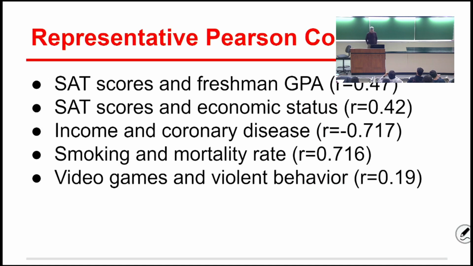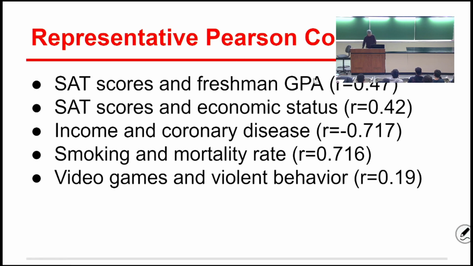Now, how do you interpret correlations? I looked up a couple of correlations to get an idea of the strength of correlations you see in the real world. The first one is an easy one. SAT scores are the undergrad college exam, the high school exam you take to help decide what college you should go to, as a first approximation.